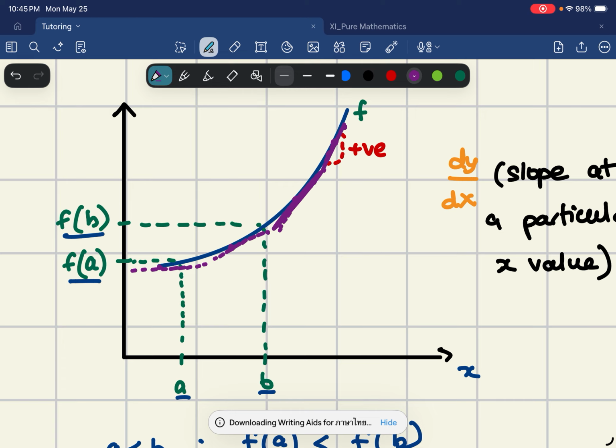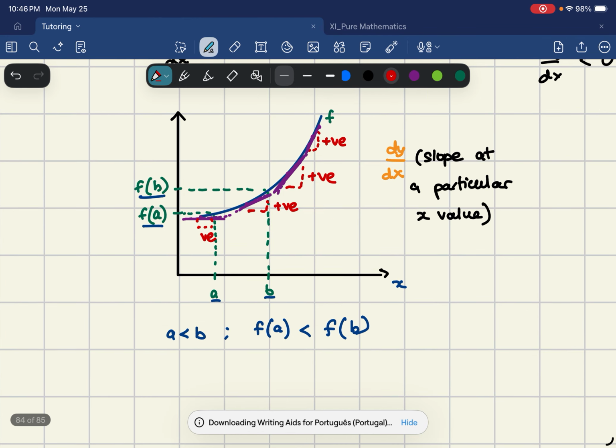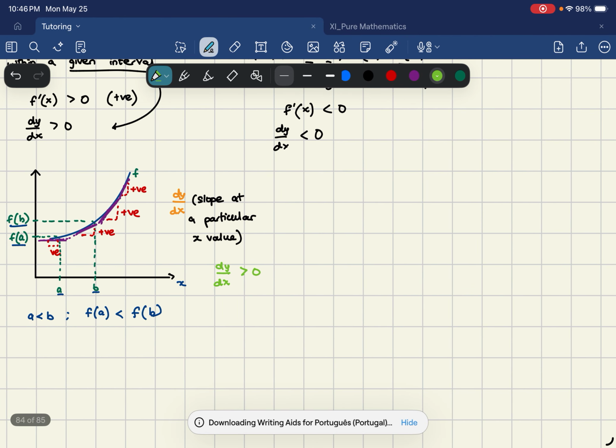So all the purple straight lines that we can draw have positive slopes. If you remember your straight line chapters, these are all positive slopes. So that is why dy by dx, which is the slope at a particular point, is going to be positive for an increasing function. And the same logic applies for a decreasing function.